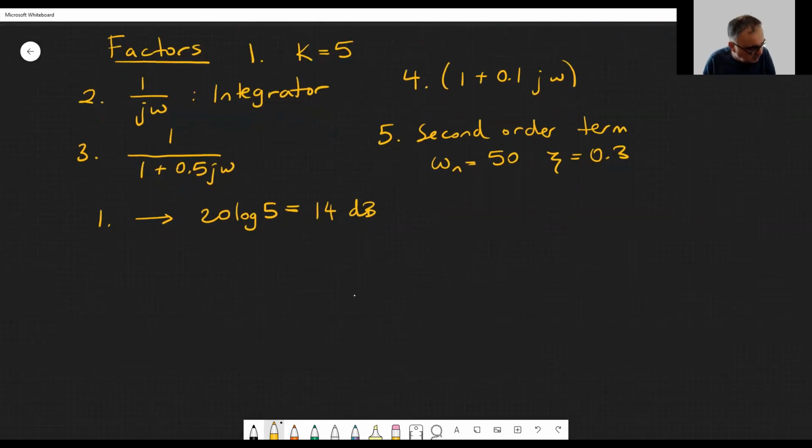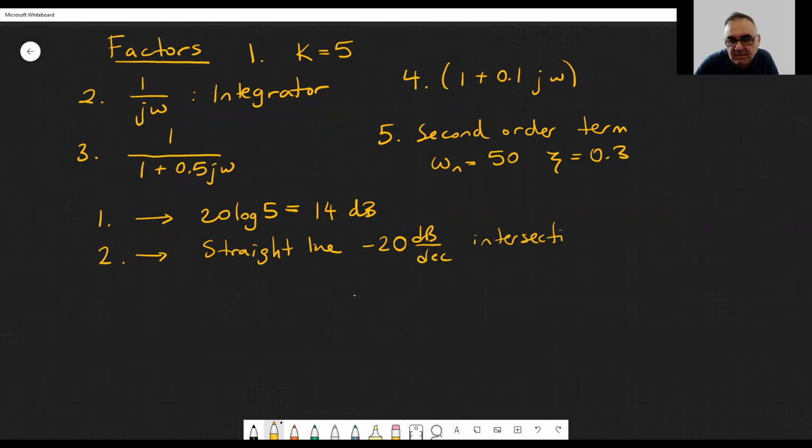The second one will basically be a straight line with a slope of minus 20 dB per decade, intersecting omega equals 1 at 0 dB.